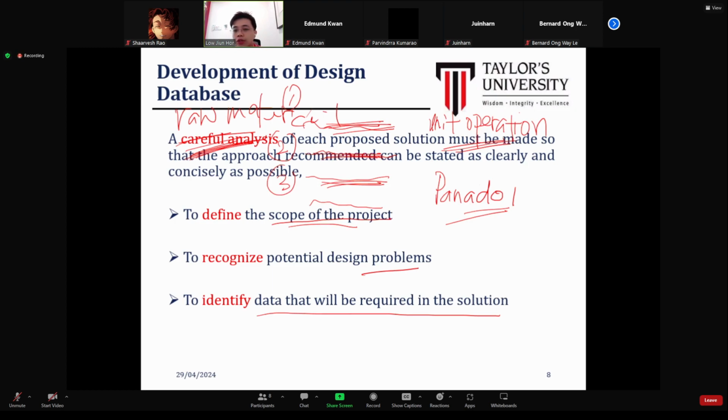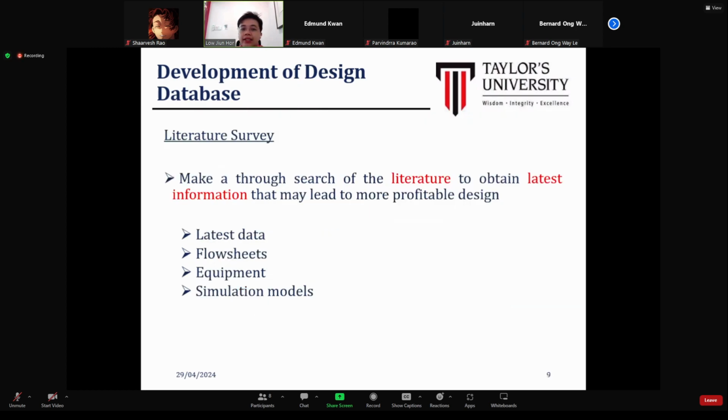And also, you need to ensure all the operators and engineers can work safely in the chemical plant that you are going to construct. So that's why, if possible, we need to try to avoid the use of toxic raw material.